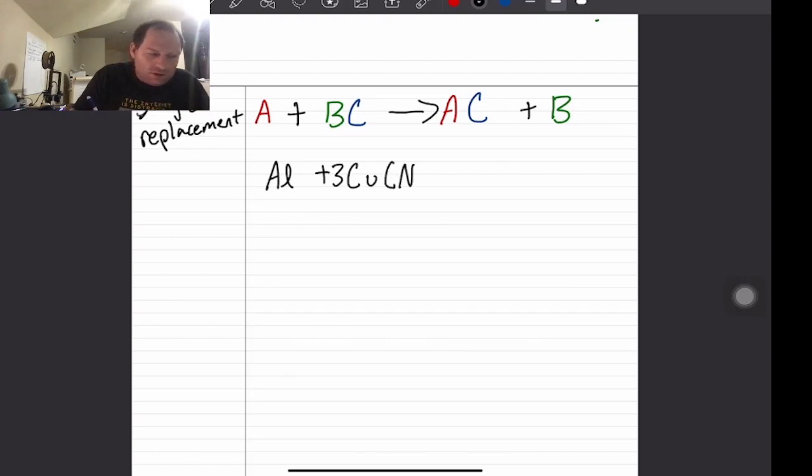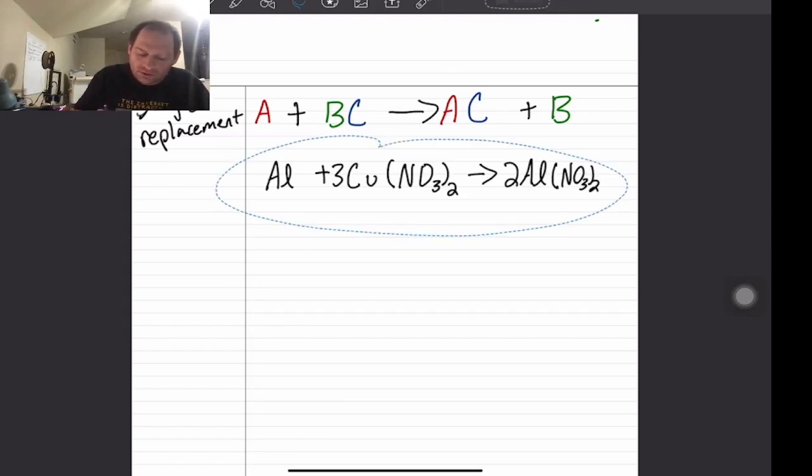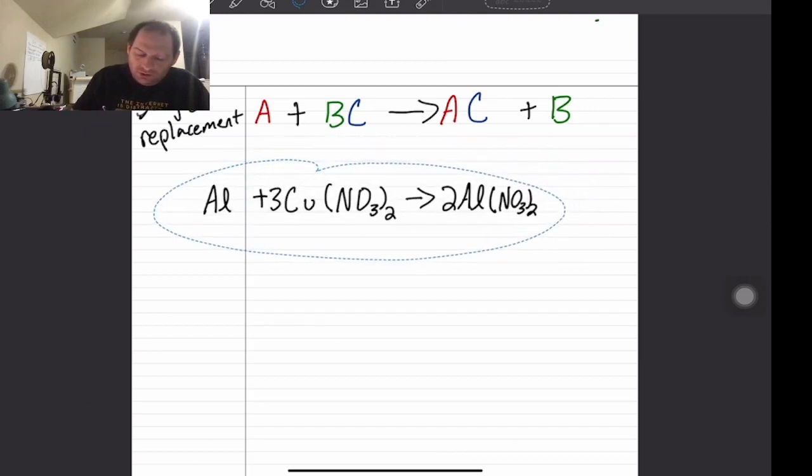It's going to react and create 2Al(NO3)3 plus 3 Cu. I'm running out of space. Make sure you move mine over a little bit. We shouldn't usually do that, but whatever.